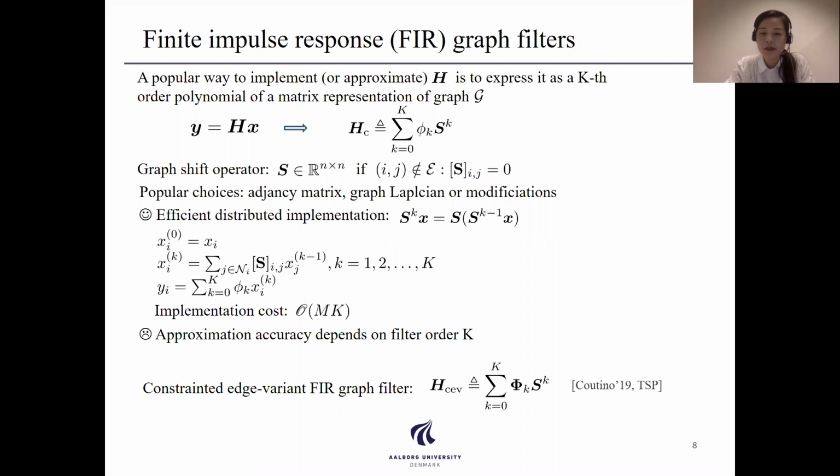The main difference compared with the classic graph filter is that here phi k is a scalar, but there phi k is an embedded matrix. In this case, it allows more freedom to approximate the desired linear operator, such that a good approximation accuracy can be obtained by using a small order k. In the meantime, the implementation cost is still m times k.